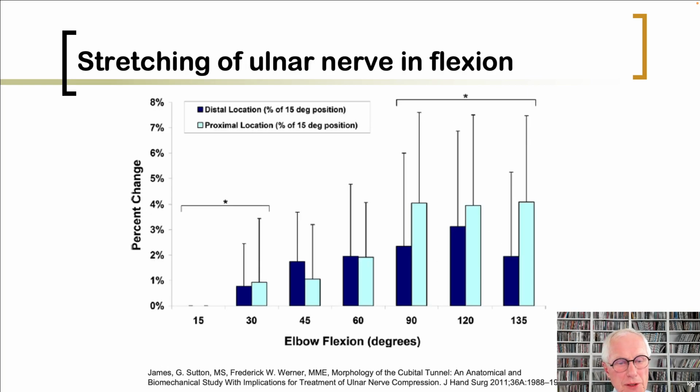The ulnar nerve is also stretched when you flex the elbow, both proximally and distally. So a number of things happen when we flex the elbow. The nerve is subject to compression and it's a little bit stretched. So no wonder that we have ulnar neuropathies in this region.